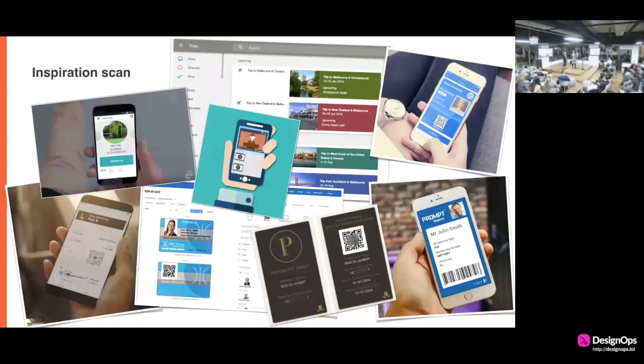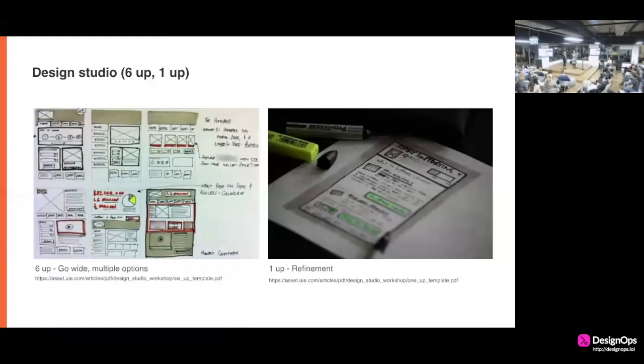To get there, we started with an inspiration scan. We all had homework on Monday night, not very fun in a workplace, but we all did a bunch of research and brought some ideas in the next day to work. So we all got jazzed up with lots of different ideas. Then we ran design studios. For those who don't know about these, we did a 6-up, 1-up.